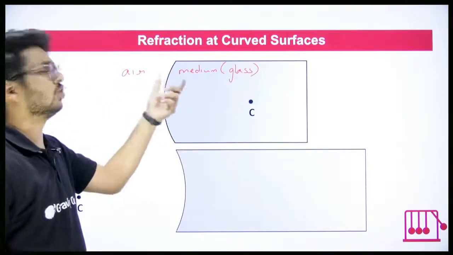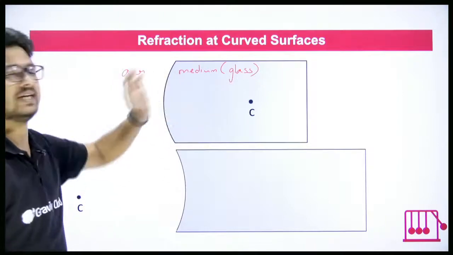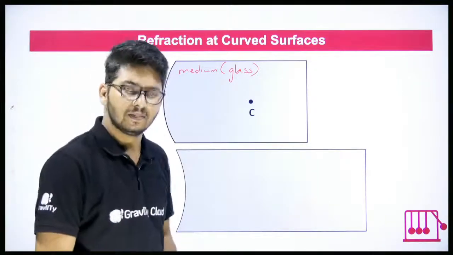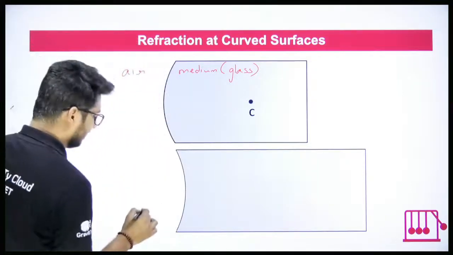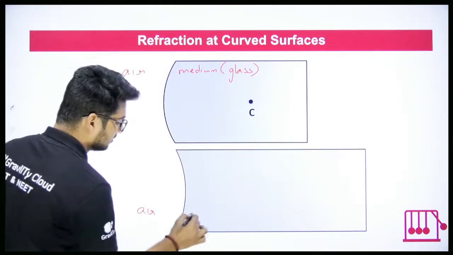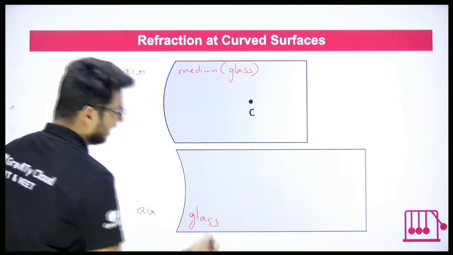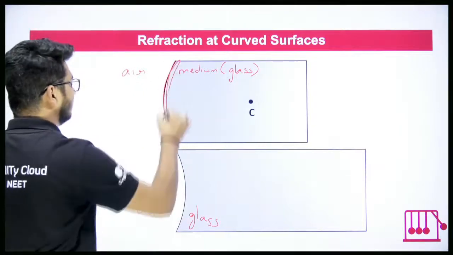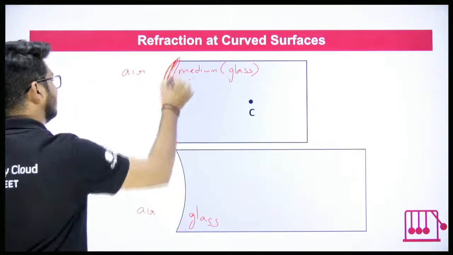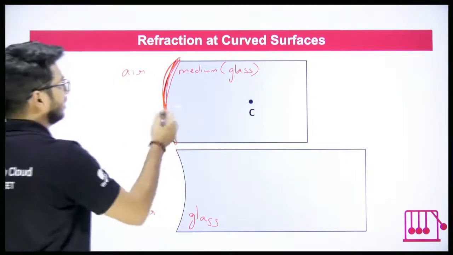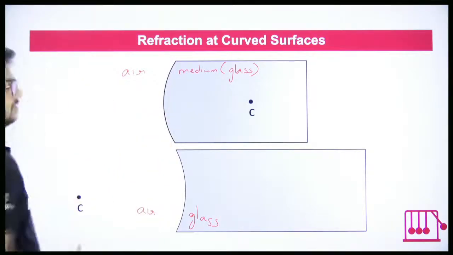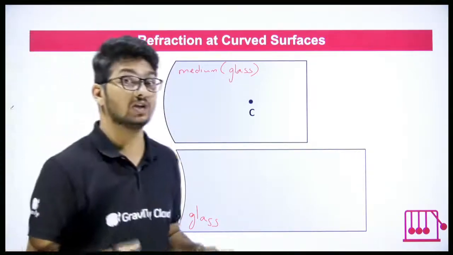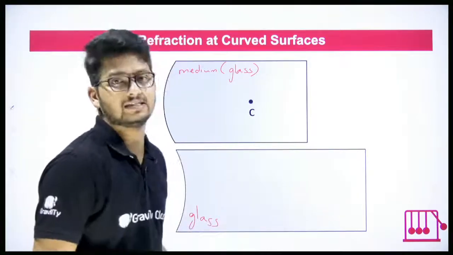Generally we just go with medium, but the best example is glass. Similarly here also, this is air and this is glass. And where will the light be incident? Light will be incident on this surface. As you can see, it is curved, and the curve will mostly be a sphere. That's what we are discussing.